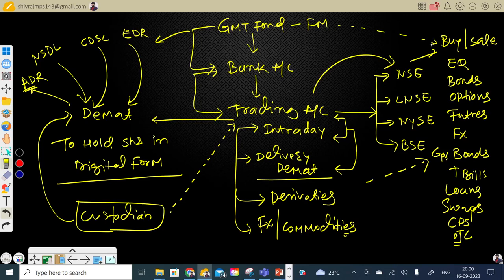But as a fund accountant, it's your responsibility to refer to the trading account statement. Because if you see, I'll draw the fund accounting process flow. So you can see how you can contribute from your side as a processor. Let's say GMT fund, here would be the entity, fund manager.